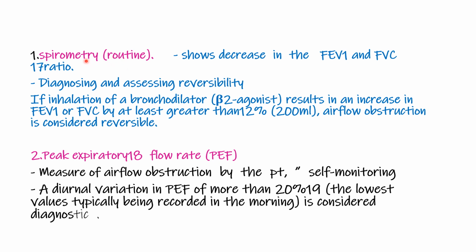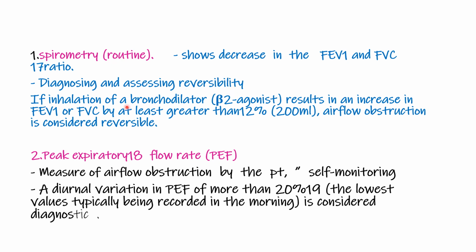So the tools used are spirometry and the peak expiratory flow rate. In terms of spirometry, as you have said before, there should be a decrease in the FEV1/FVC ratio, less than 0.7, and this is just indicative of obstructive nature. And when you get a picture of obstructive nature, you think of diseases such as asthma and, in addition, COPD. So for you to conclude whether it is asthma, the airway limitation or obstruction in asthma is reversible.